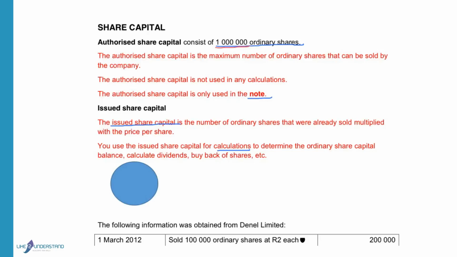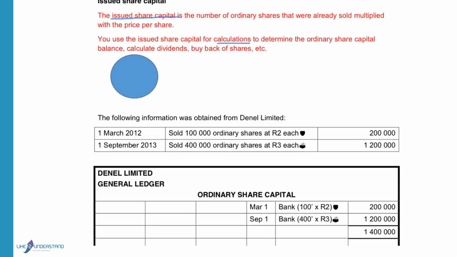Now, if we look at the issue of shares, we will see here that on 1 March 2012, 100,000 shares were issued at 2 rand each. So that means they've taken out of this cake a slice and they issued 100,000 shares. Now there's still 900,000 shares left over in the cake.